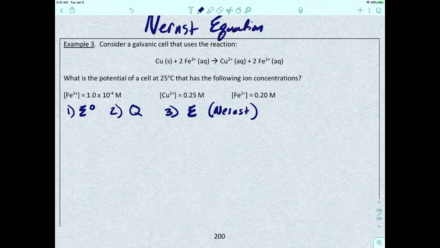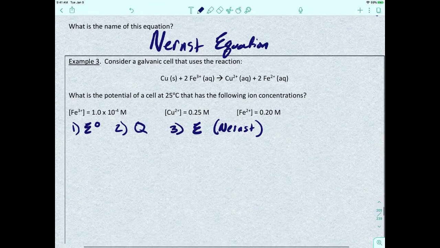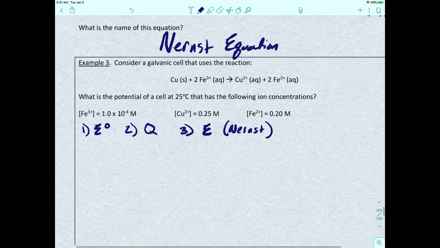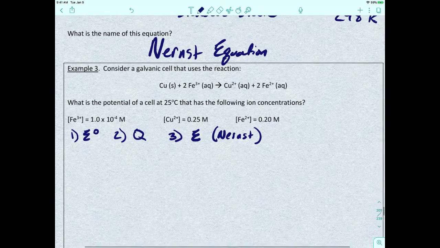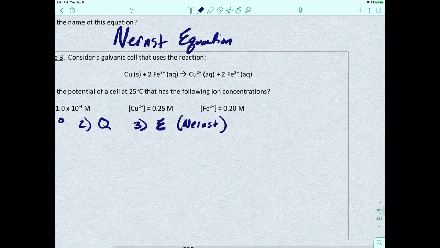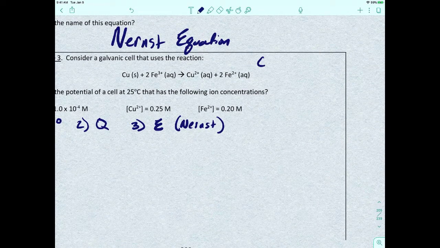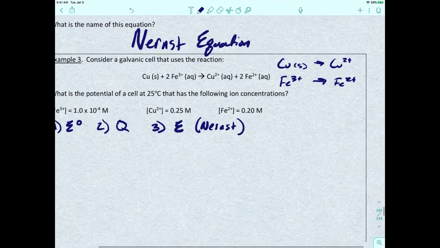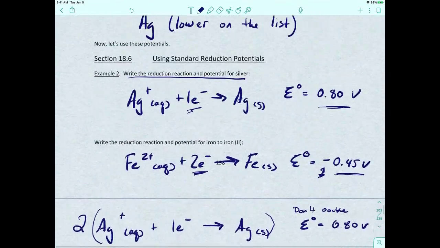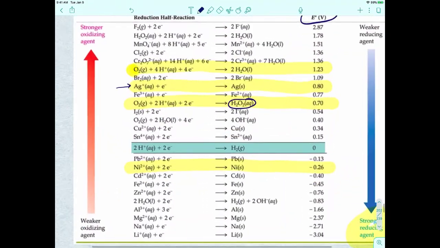Okay, so let's go back to the standard reduction potentials and find out the voltages of our half cells. We're going to have one half reaction that's copper going to copper 2+, and the other half reaction is Fe3+ going to Fe2+. So let's go back to that point in the notes.